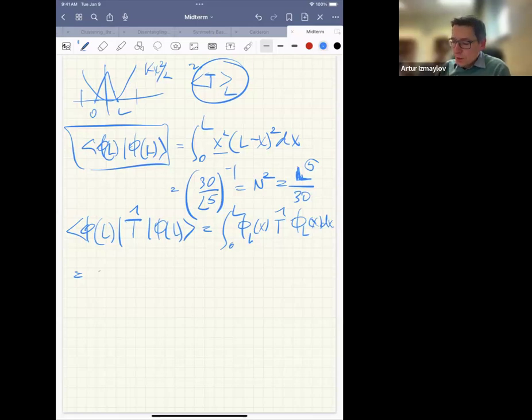What we get is h bar squared divided by m, division by L to the fifth over 30, minus 1.